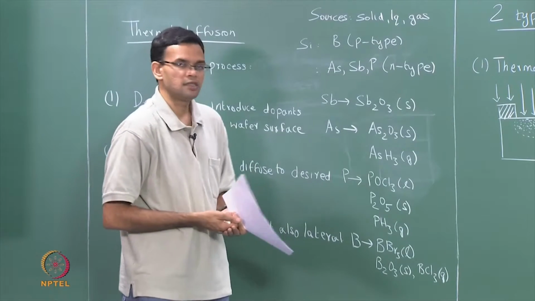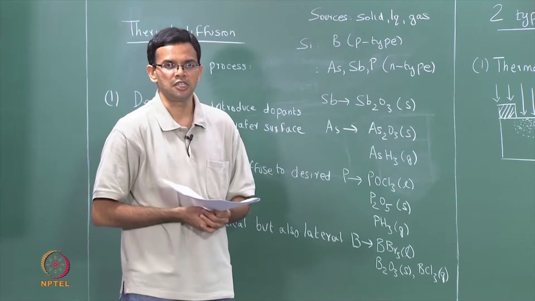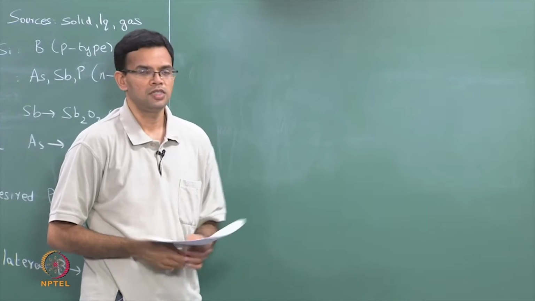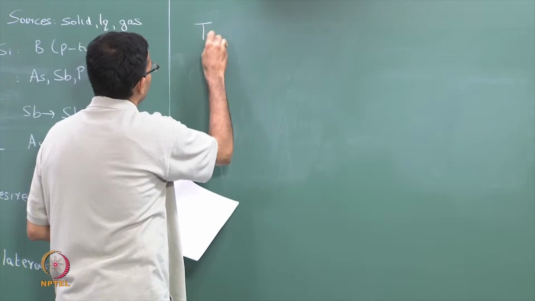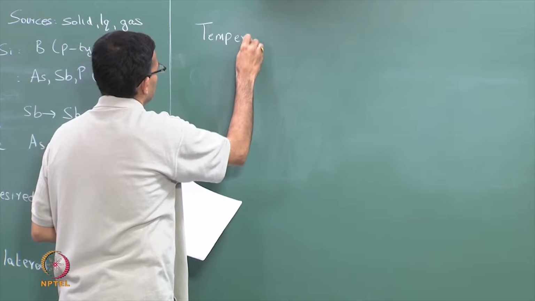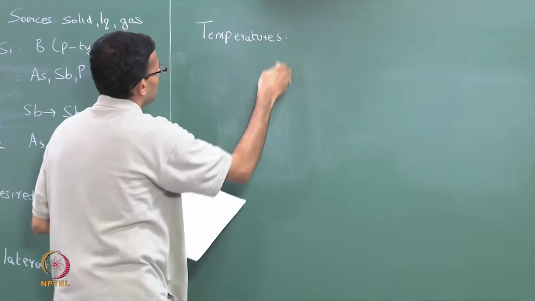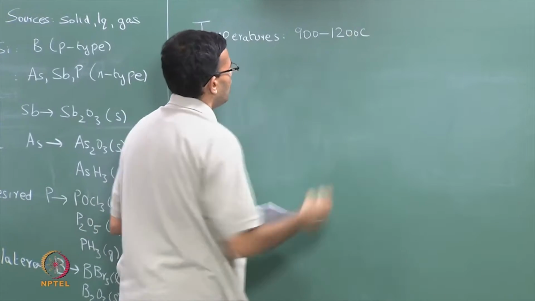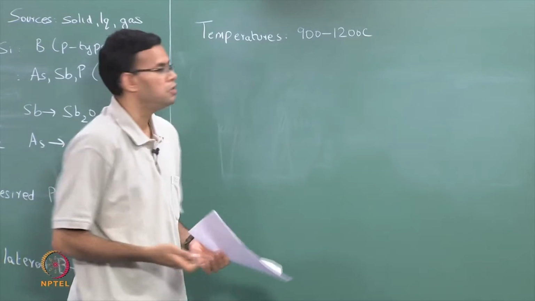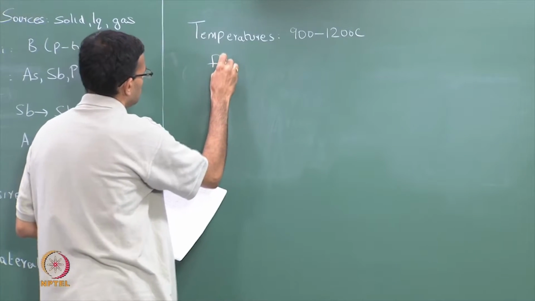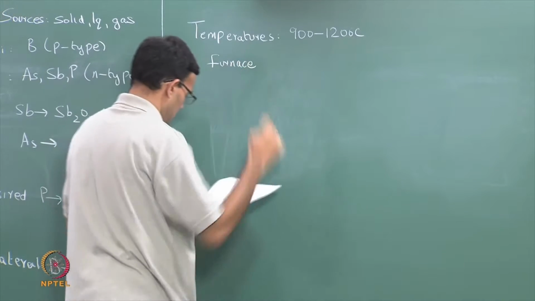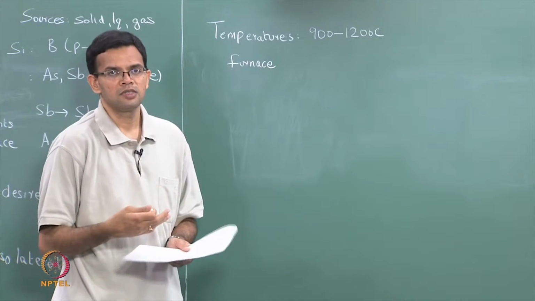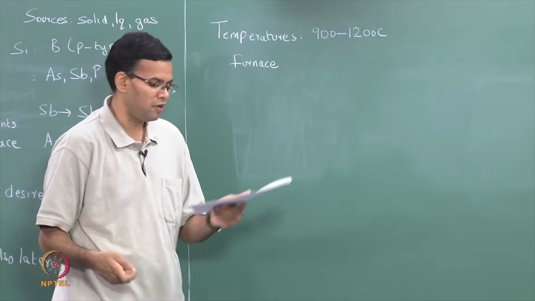In all these cases, they should establish a certain concentration of the atoms at the surface. So thermal diffusion is a high temperature process. Typical temperatures can be anywhere between 900 to 1200 C, so the diffusion usually takes place in a furnace. The wafers are loaded within the furnace and the dopant atoms are delivered to the surface of the wafers.